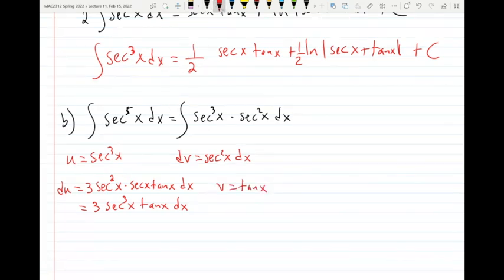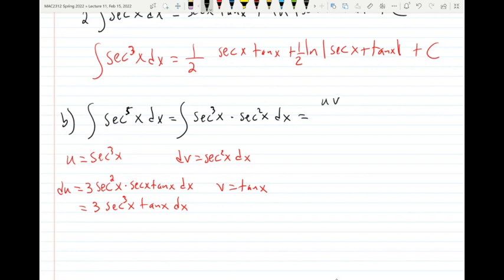And you see, that's the point. When you let u be equal to secant to whatever power, when you do the derivative, a tangent always pops up. Because your dv is secant squared, your v will always be tangent. Then when you multiply the v du part, you're going to get a tangent squared, and then you can turn it back into secant squared, and then you go back to the original power, and that's why you can solve the equation back. So that's why this is always guaranteed to work.